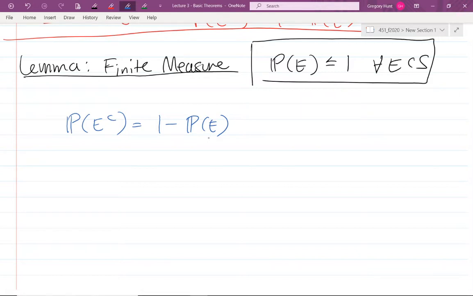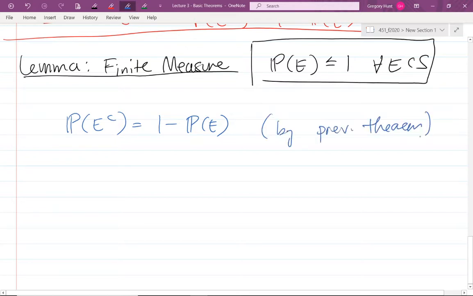And E complement is an event, so this is by previous theorem. E complement is an event, and so it has a non-negative probability. And this is true by axiom 1, the non-negativity axiom.